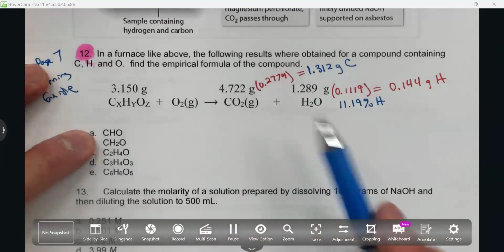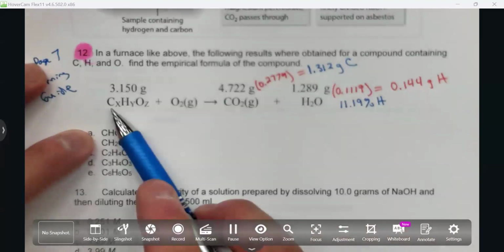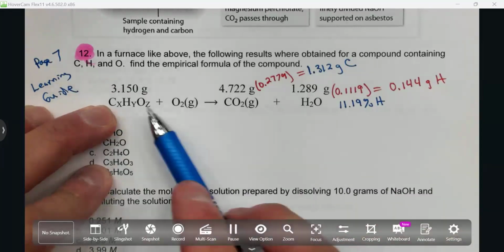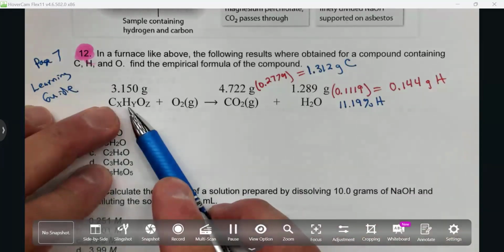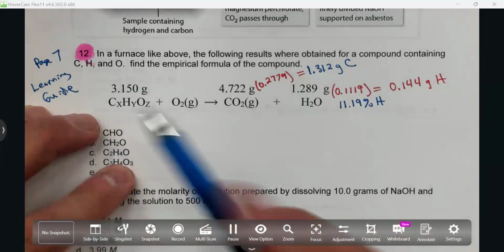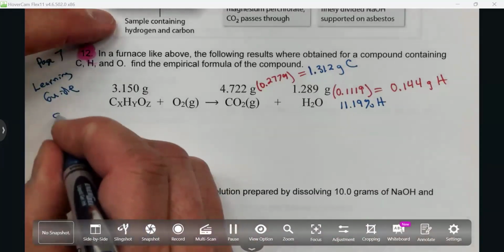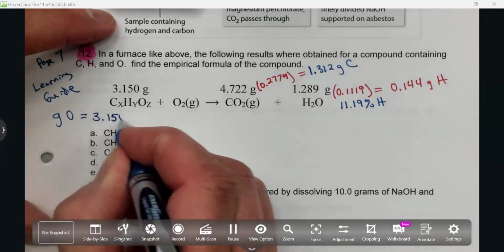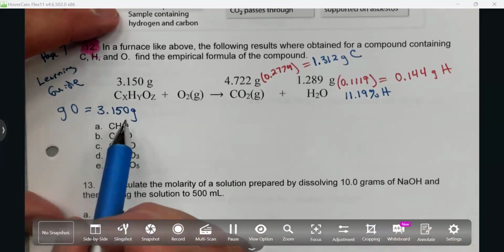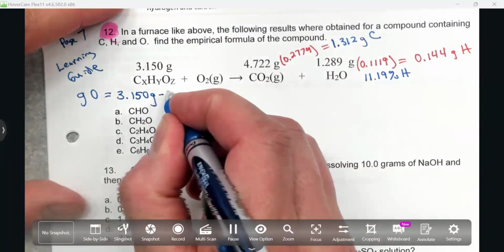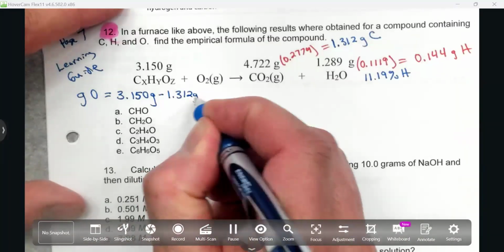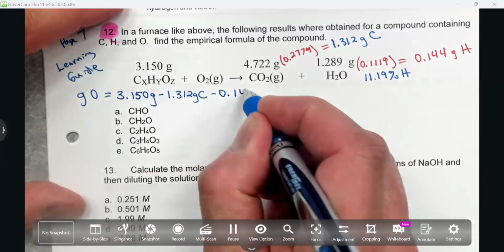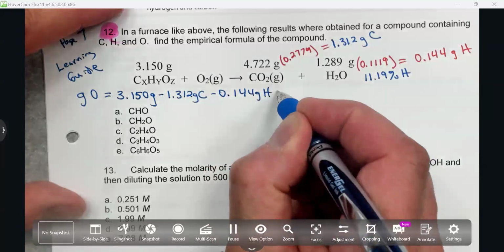This carbon came from here, and this hydrogen here came from right here. So if we know 2 out of the 3, then we know our grams of oxygen is going to be 3.150 grams, which is the total, minus 1.312 grams for the carbon, minus 0.144 grams for the hydrogen.